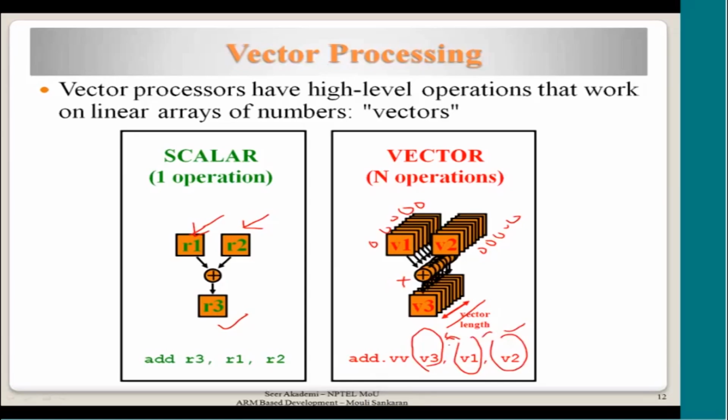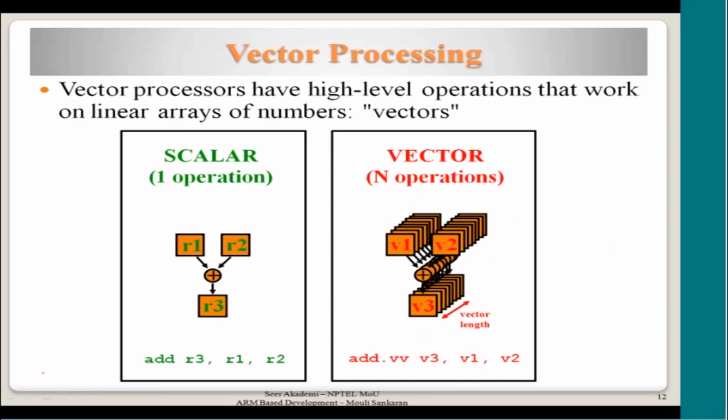That means depending upon the number of elements in the vector, or the number of processes running in parallel, that much parallelism you get. Suppose n processes are there, you get n additions or subtractions or whatever done in a single cycle, or if addition takes 3 cycles, in 3 cycles you may perform n operations. So this is the operation and the advantage of vector processors.